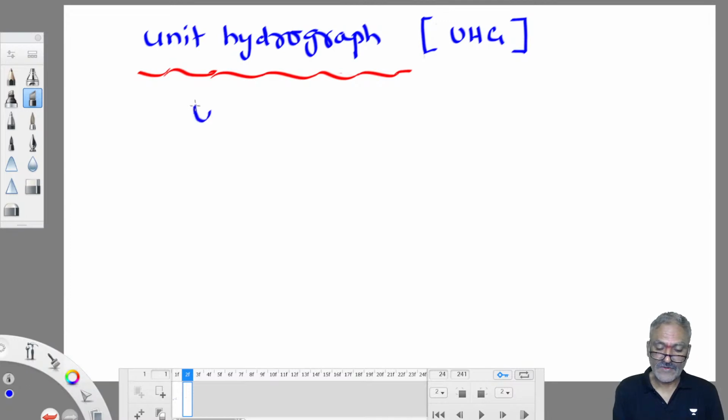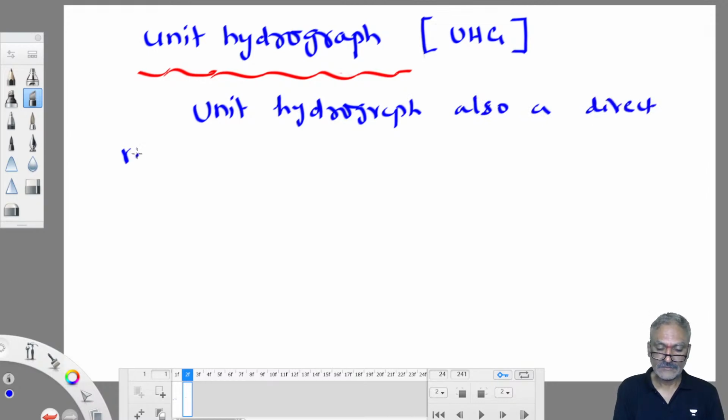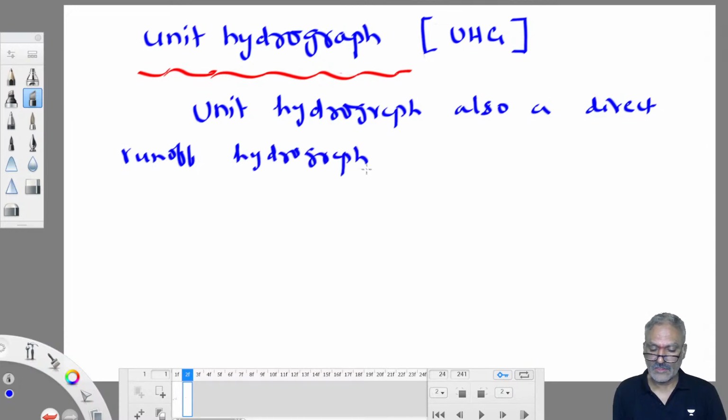So unit hydrograph is also a direct runoff hydrograph. Any hydrograph that starts with 0 and ends with 0, by default it is a direct runoff hydrograph.